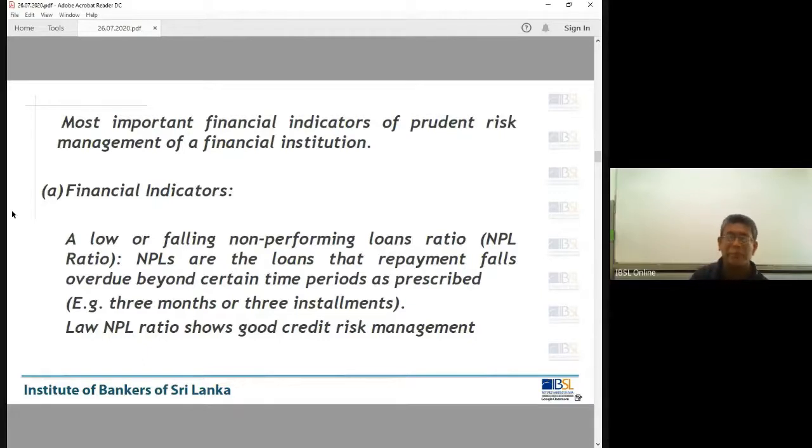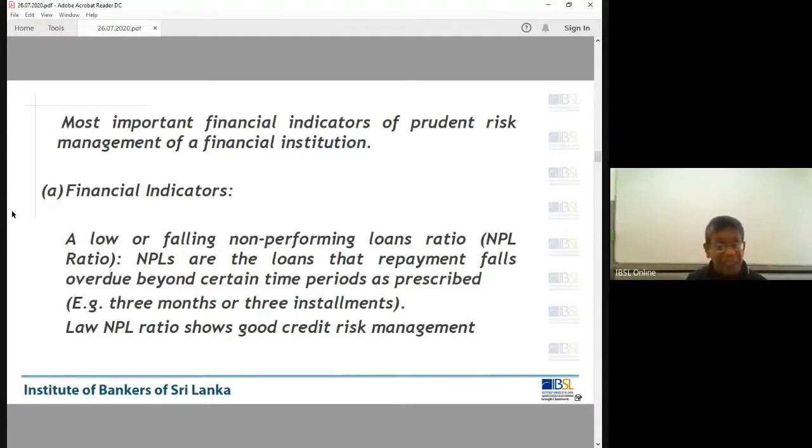Now the question comes: how do you know whether this bank manages its risk prudently? What are the indicators? Say, for example, how do you know your body is running perfectly, that you don't have any problem? You do some checks. You take the cholesterol, you check the glucose level, there are a lot of tests available.